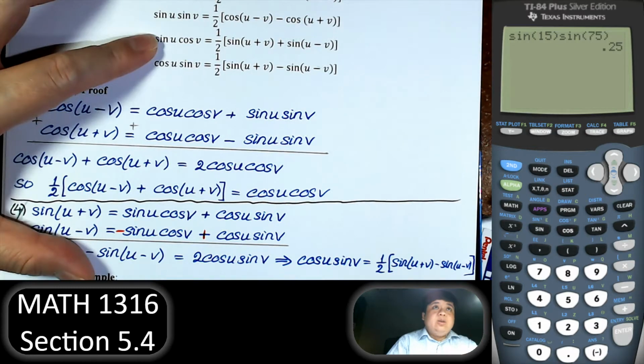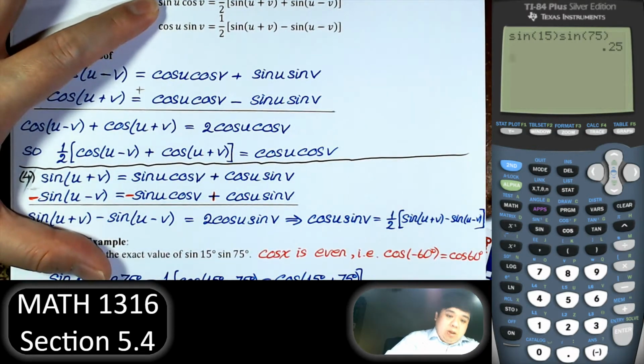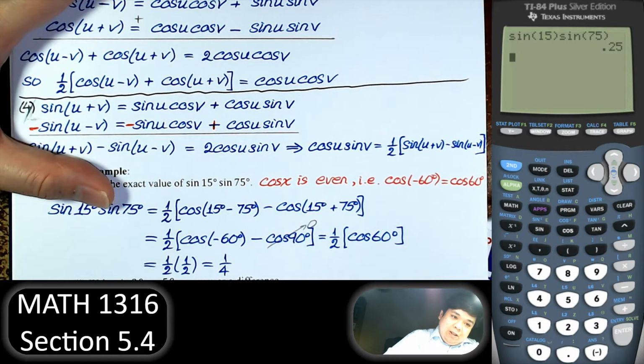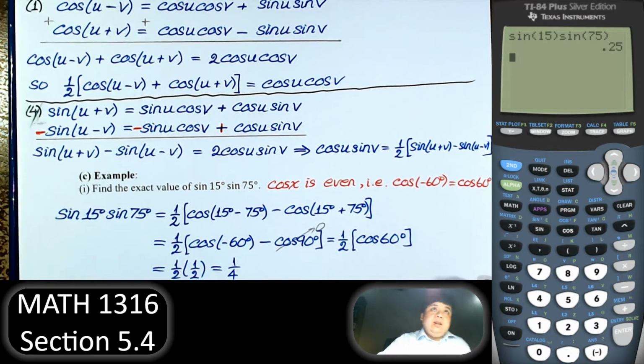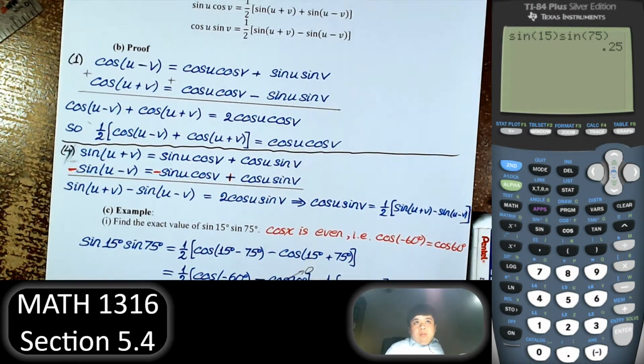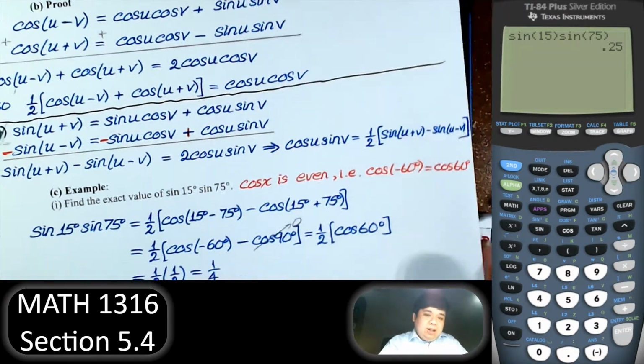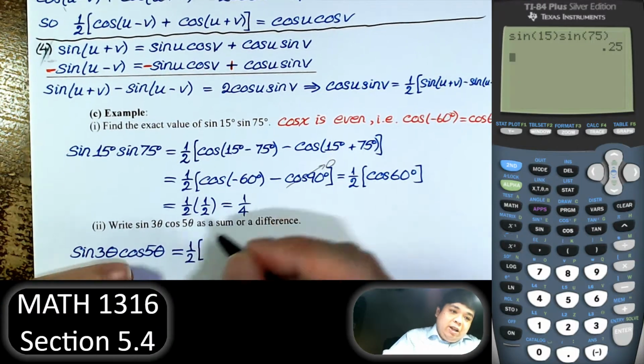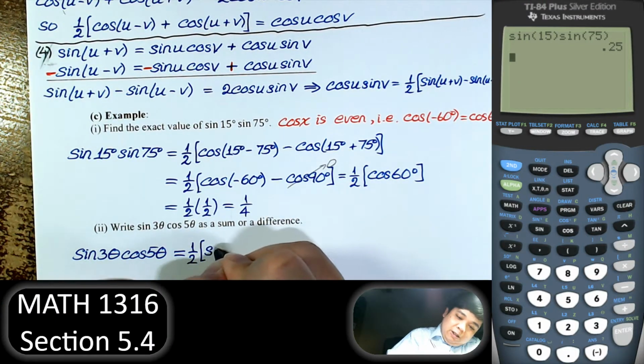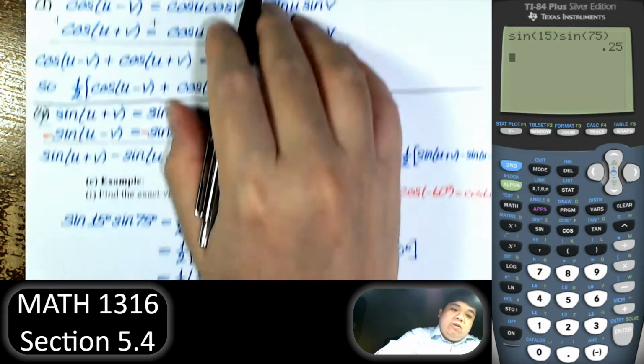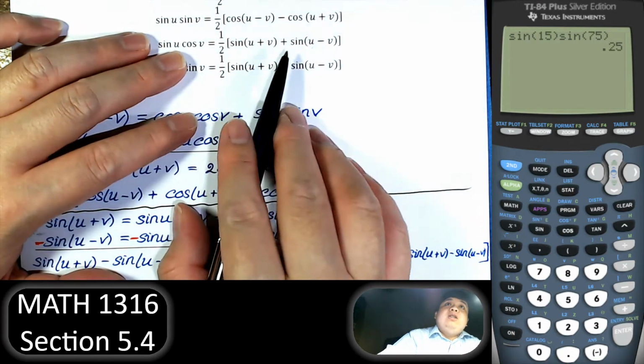Sine, cosine, so that is this identity, so it's going to be 1/2 sine of u plus v plus sine of u minus v.